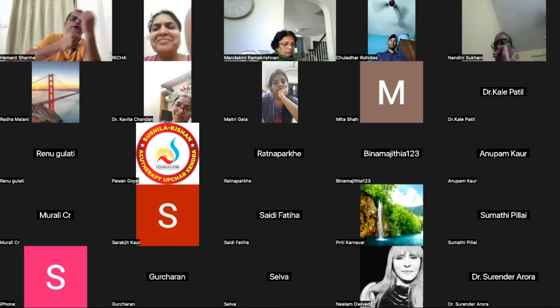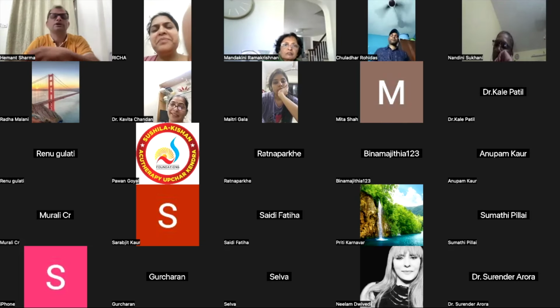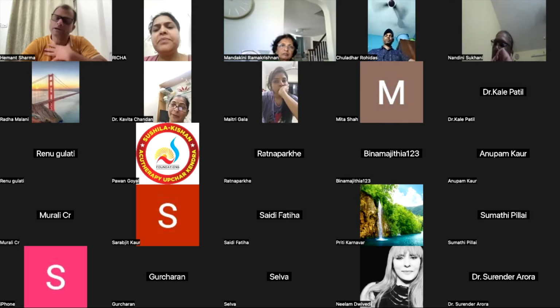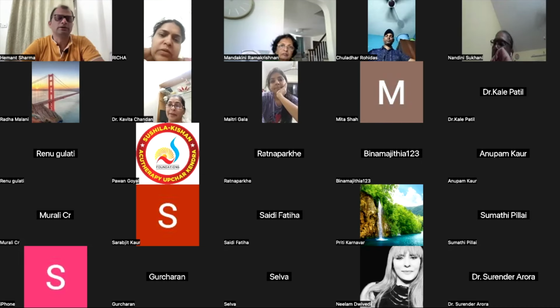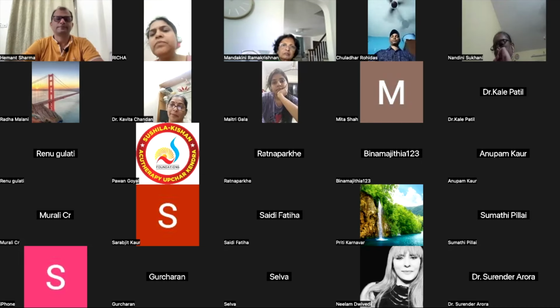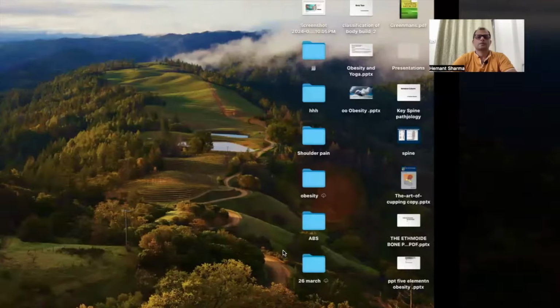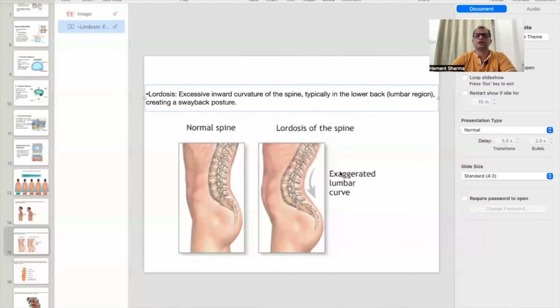So it is pulling the spine in the front part, causing lower back pain. We can correct this lordotic spine with the proper treatment. हम इसे भी ठीक कर सकते हैं, right? So this is called lordosis या hyperlordosis, कि lordosis का बढ़ जाना.